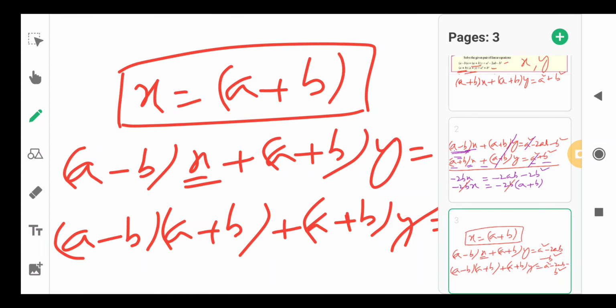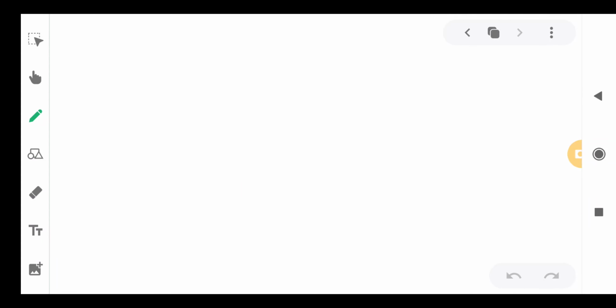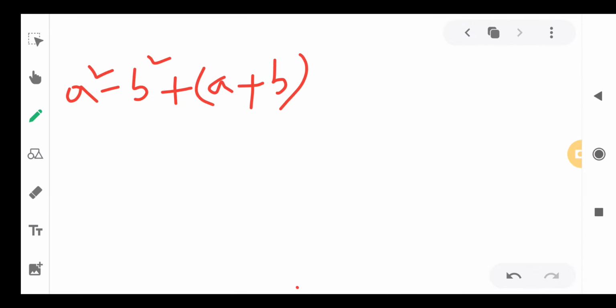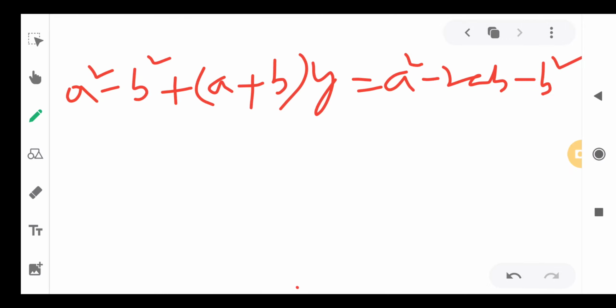Now we'll simplify. (a plus b) into (a minus b) is a square minus b square. (a plus b) into y remains as it is, and the right side is a square minus 2ab minus b square.